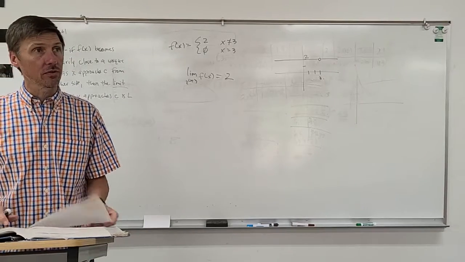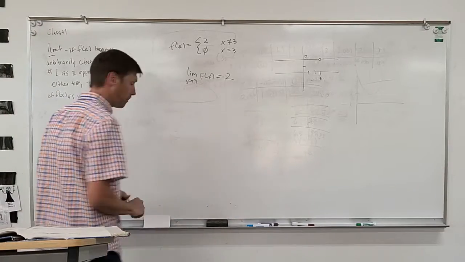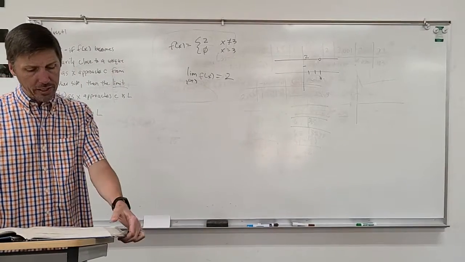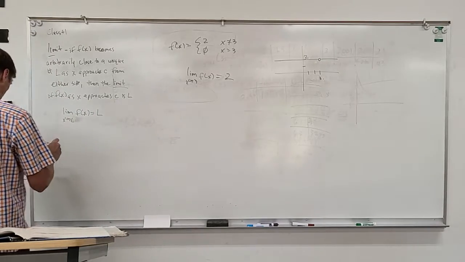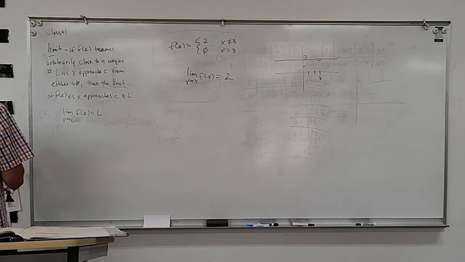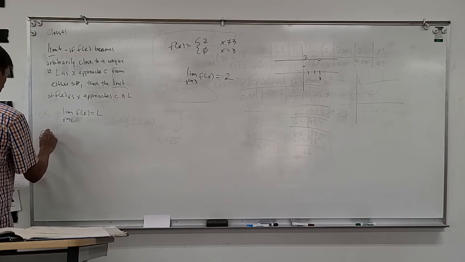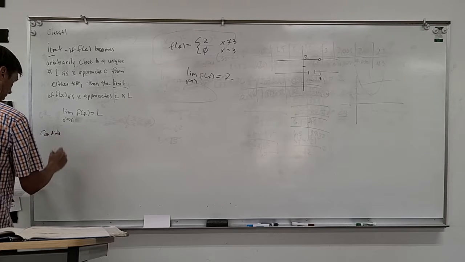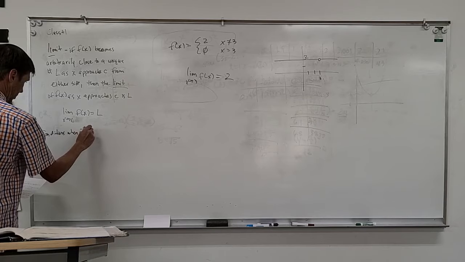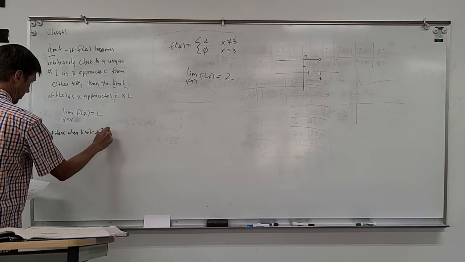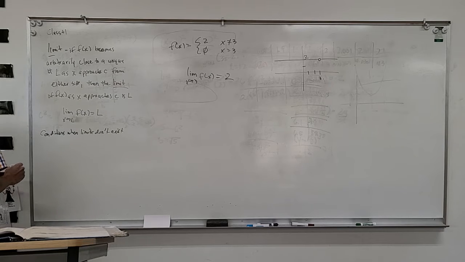And so, just for the sake of time, I'm going to write down the three conditions in which a limit does not exist. Okay, so they are this. Conditions when limits don't exist.